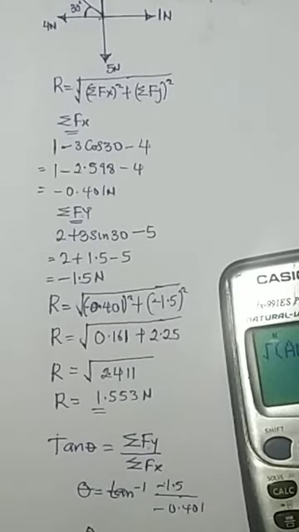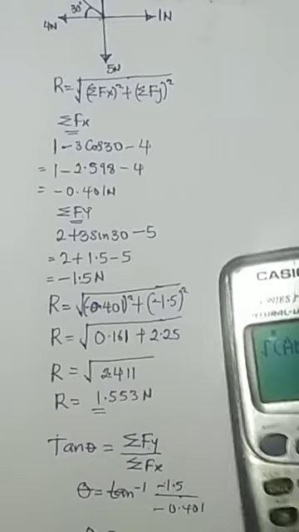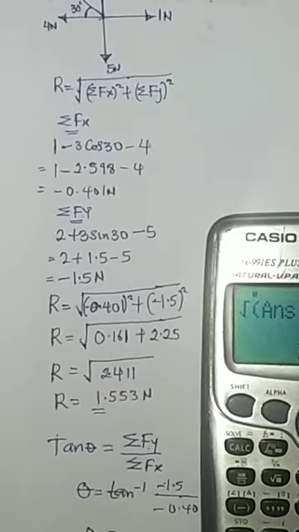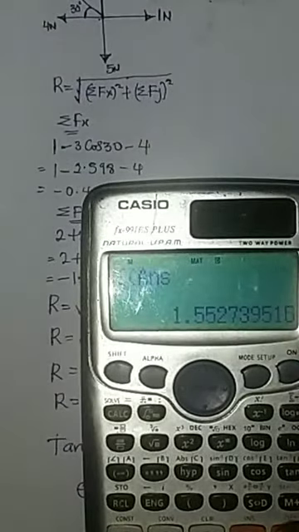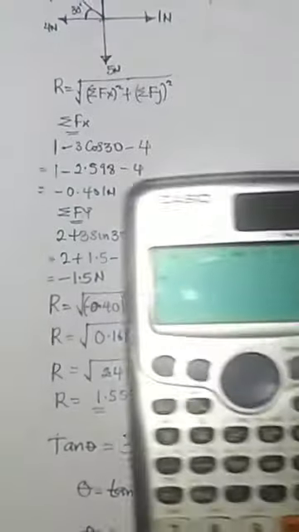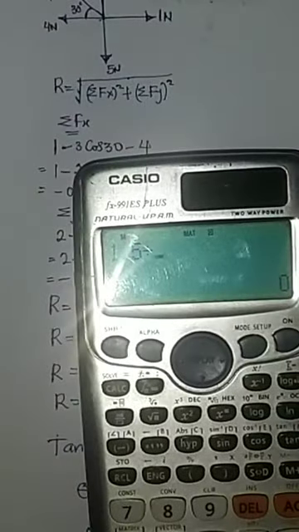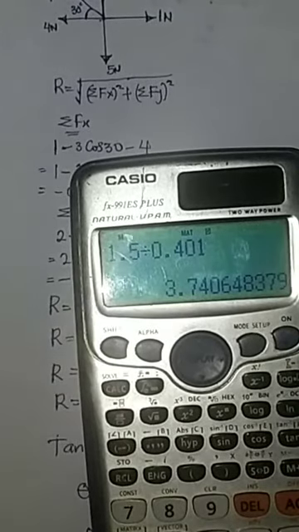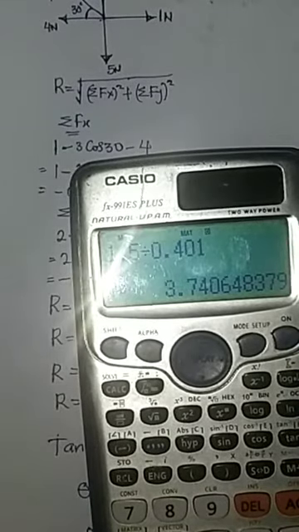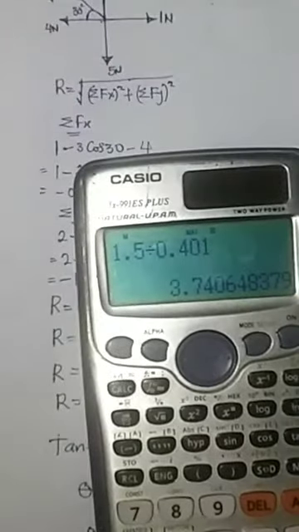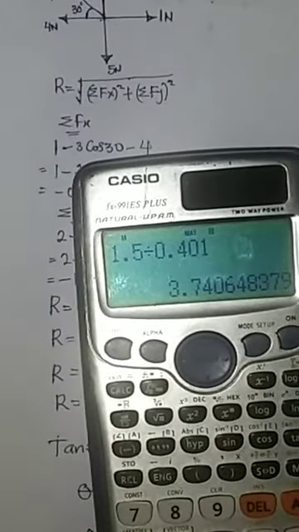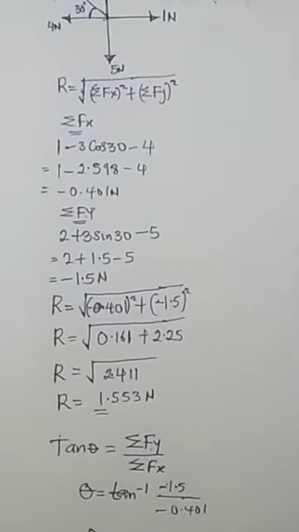So you should complete that. Let me just do that for you. So we have 1.5 divided by 0.401, that gives me 3.741.